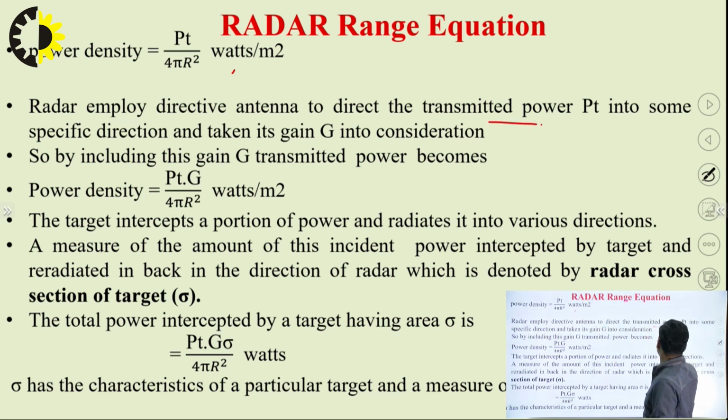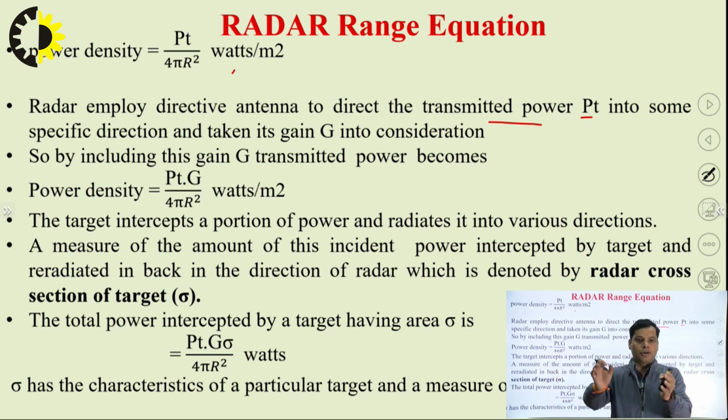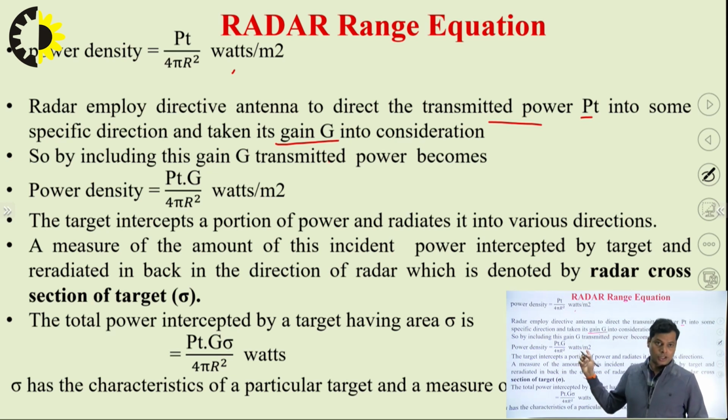It directs the transmitted power PT into some specific direction. If we are sending the power in a specific direction, it has more power, so we have to take its gain into consideration, denoted by the factor G. This is also a very important factor in antenna terminology, which we have already discussed in the subject antenna and wave propagation.